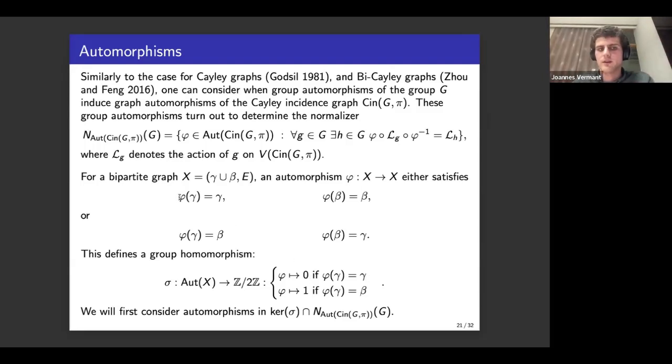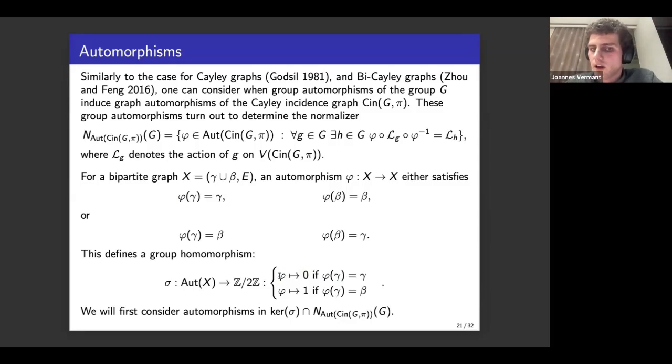So these are the ones with phi of gamma equal to gamma and phi of beta equal to beta. And the elements which are not in the kernel are precisely those graph automorphisms which swap the two sides of the bipartite graph. And so first we consider these that do not swap the sides.